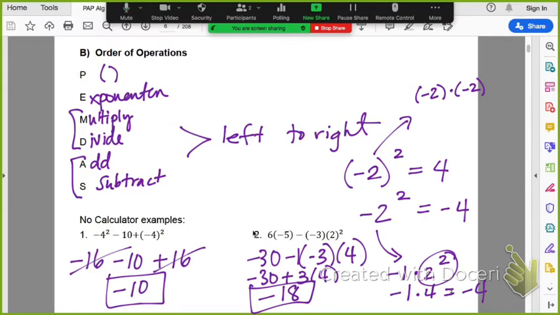So I guess technically I did this a little bit out of order. I should have done the 4 first and then started multiplying across, because that's exponents first, but I did not. So how I got to the -18, I think the trickiest part of this problem is this minus sign in the middle.